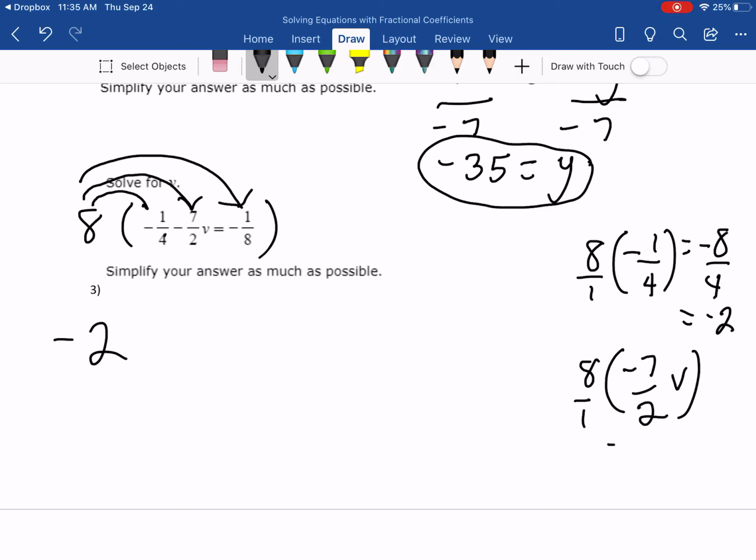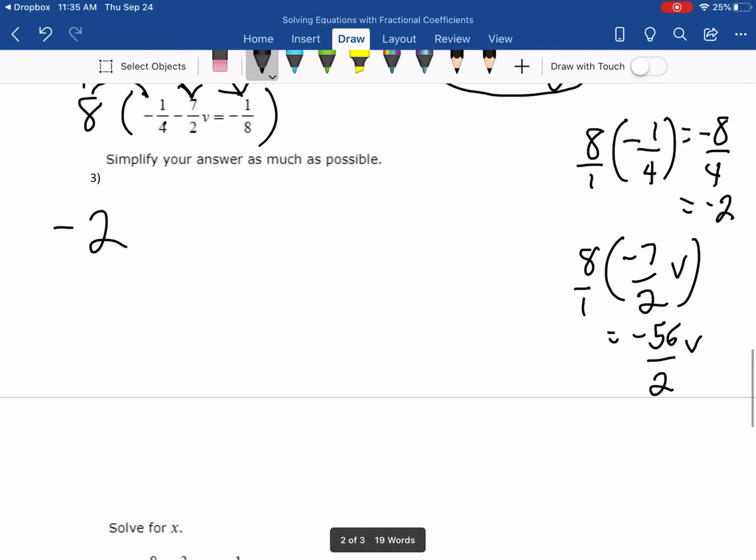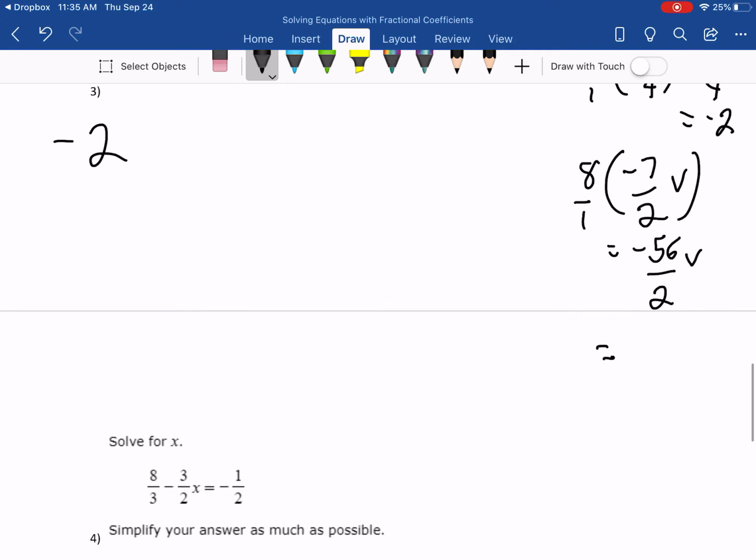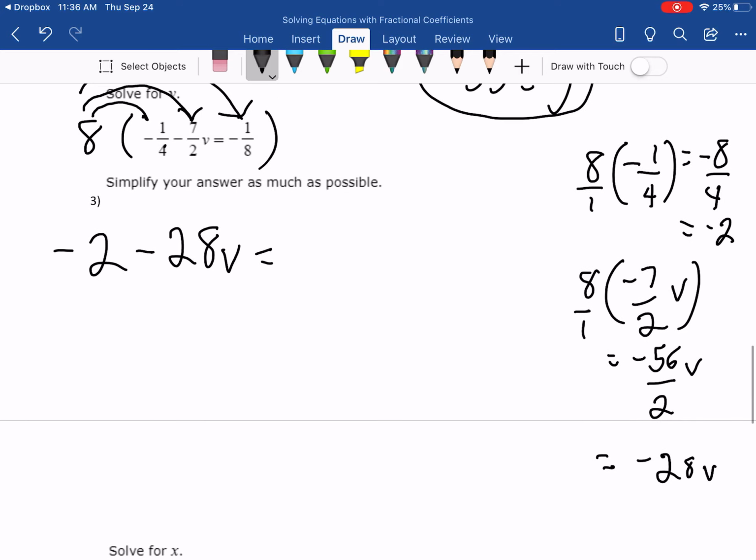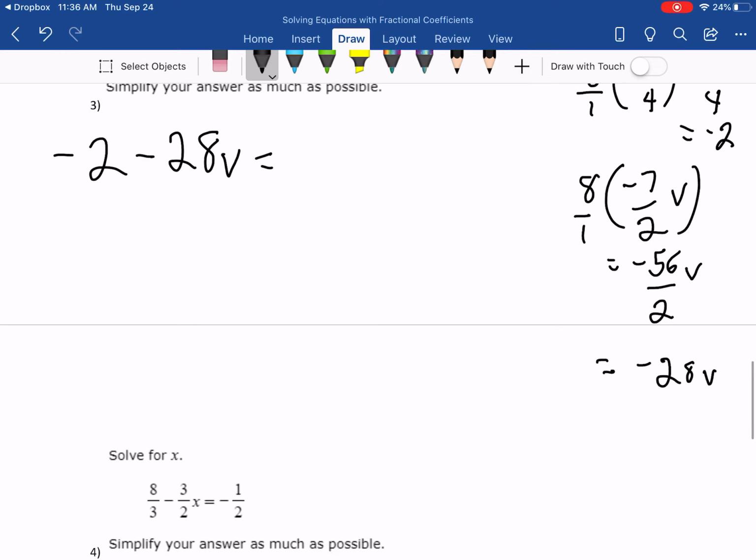Okay, that's negative 56 over 2v. Negative 56 over 2, of course, is negative 28 v. So minus 28v equals, and then our last multiplication, 8 times negative 1 over 8. Okay, and those 8s will just eliminate right away, and we just have negative 1.